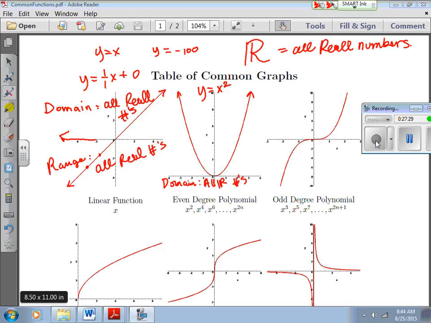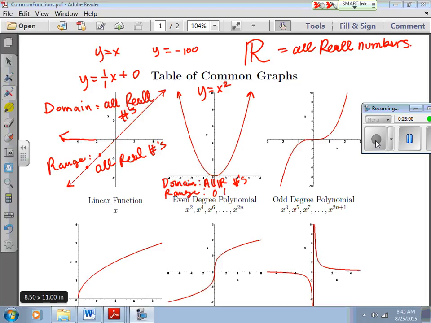Okay. What's the range of this quadratic? Does it include all the negative y's? Where does the minimum y begin? Where? At 0. So from 0, does it go up or does it go down?